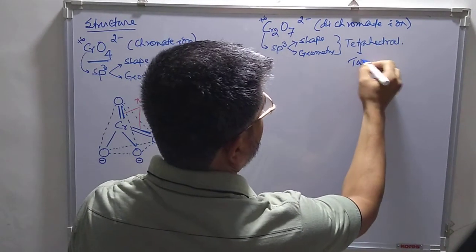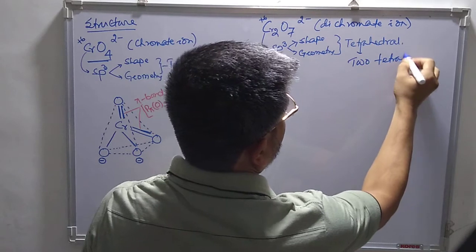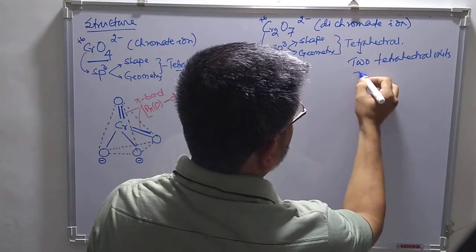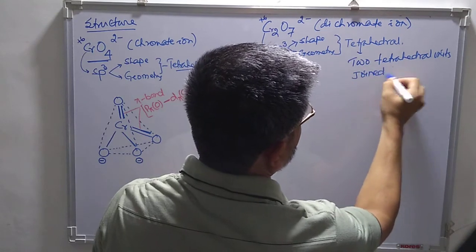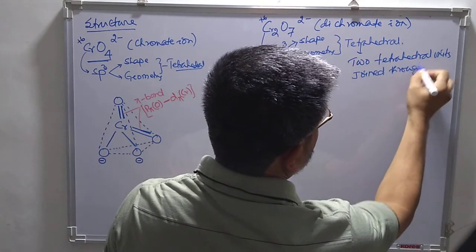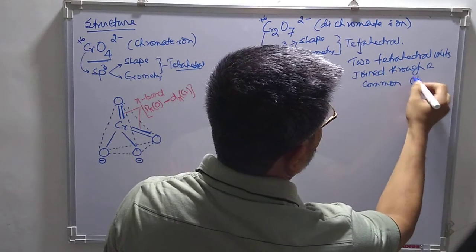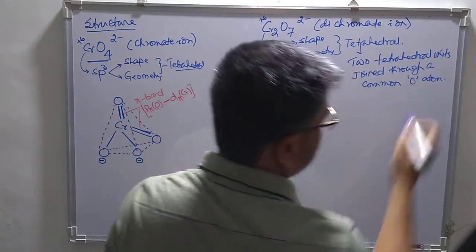It is two tetrahedral units joined through a common oxygen atom.